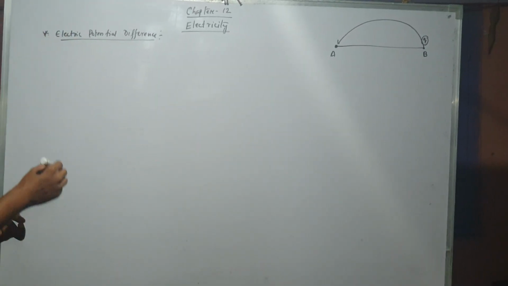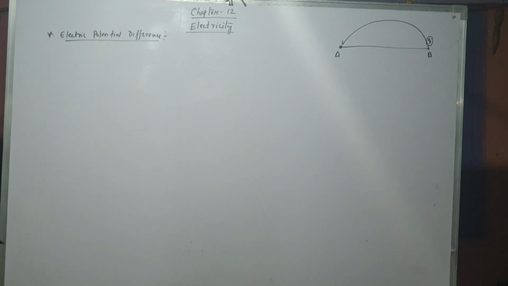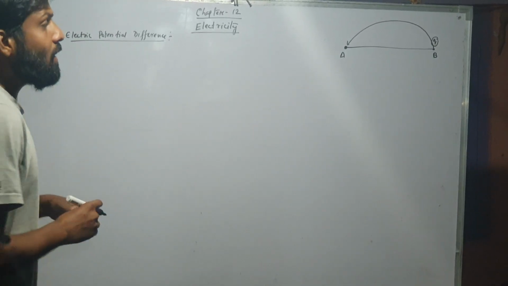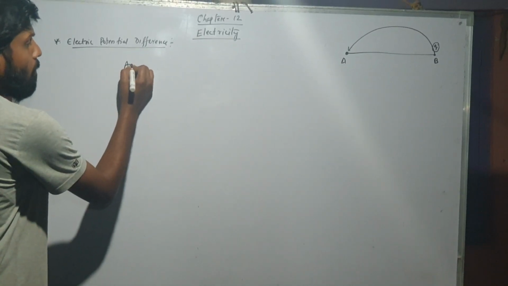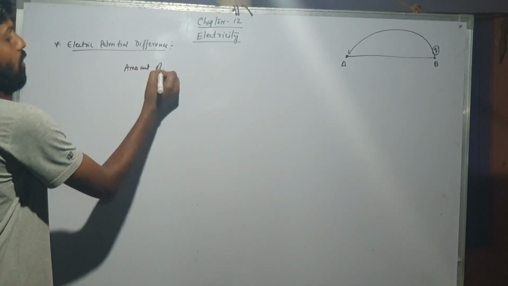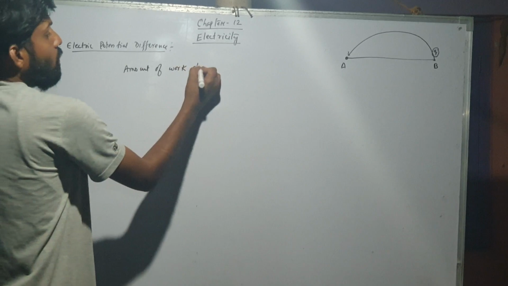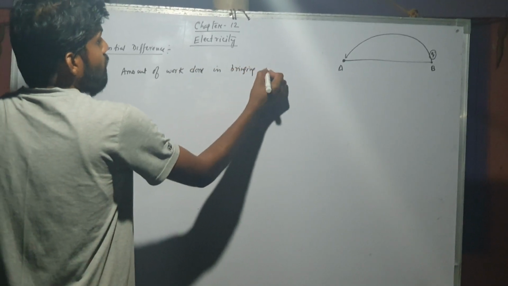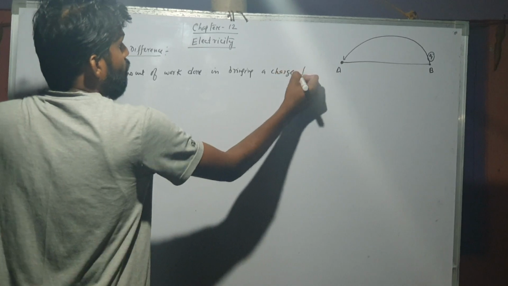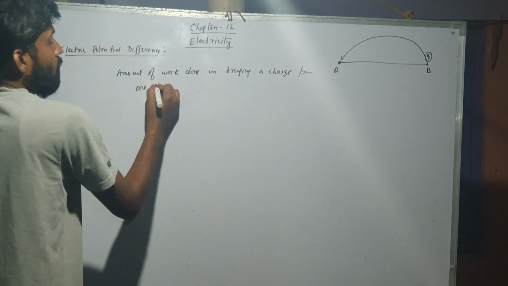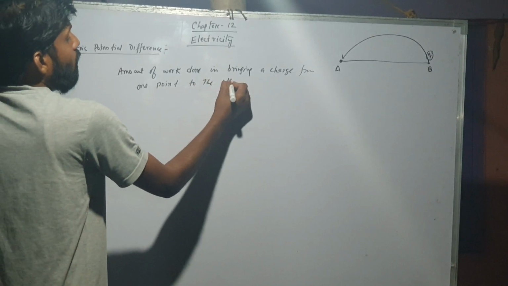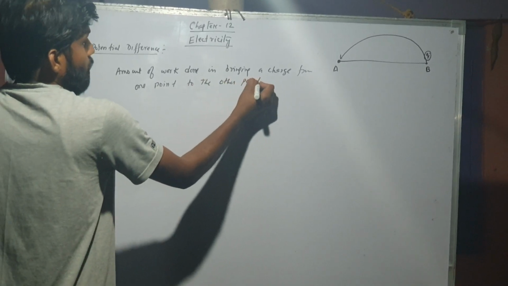So electric potential difference between two points is defined as the amount of work done in bringing a charge from one point to the other point.